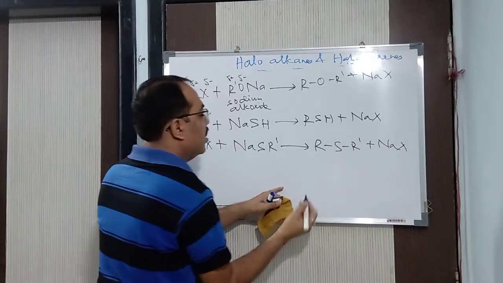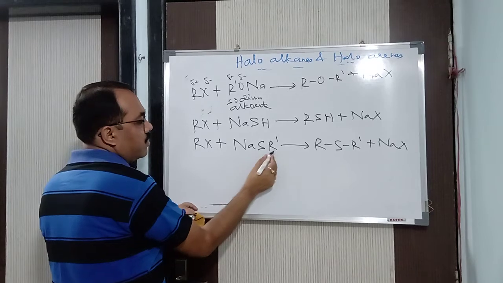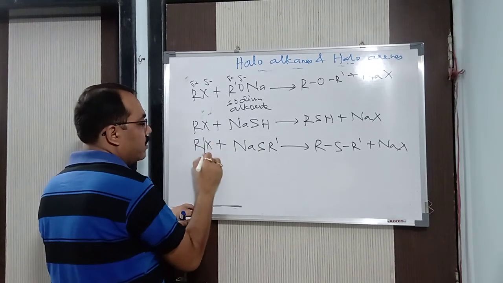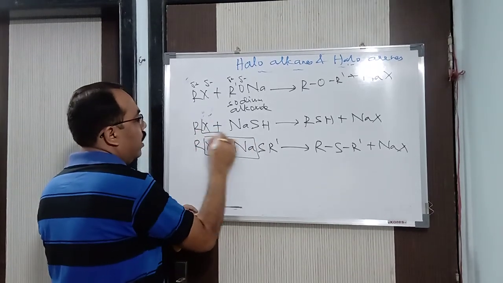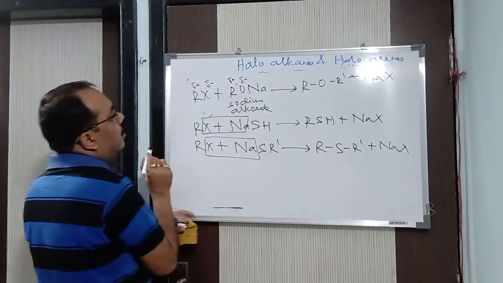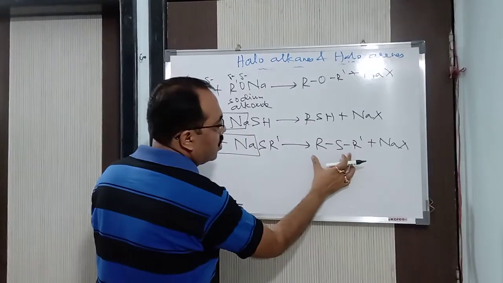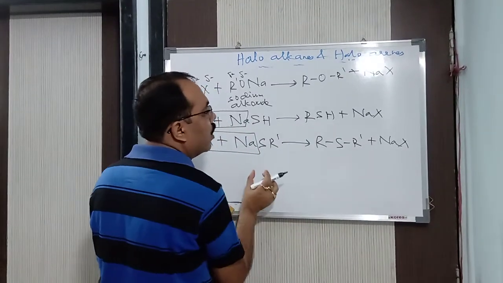All these are nucleophilic substitution reactions: R reacts with SR dash and Na reacts with X. This one is known as a thioether, and the other as a thioalcohol.